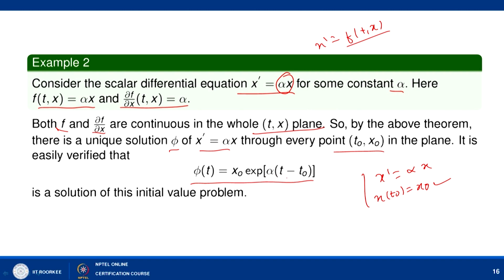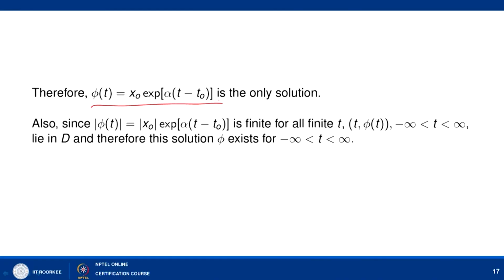That is not very difficult to obtain. You can find the solution using the separation of variables method, and we can say that this is one solution of the initial value problem, and since it satisfies the conditions of the existence and uniqueness theorem, we say that phi(t) equals x naught exponential of alpha (t minus t naught) is the only solution.